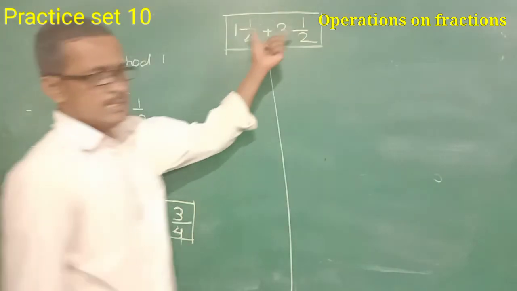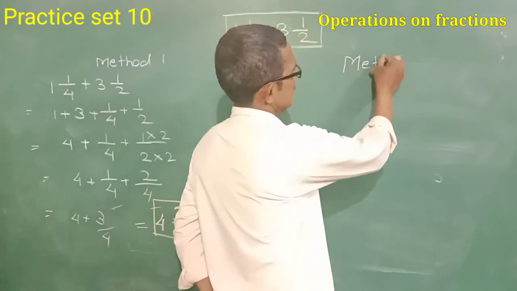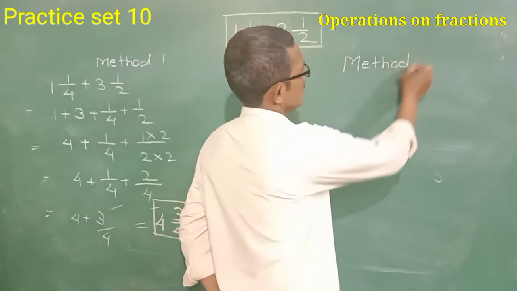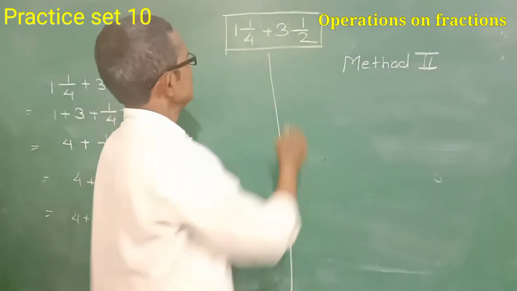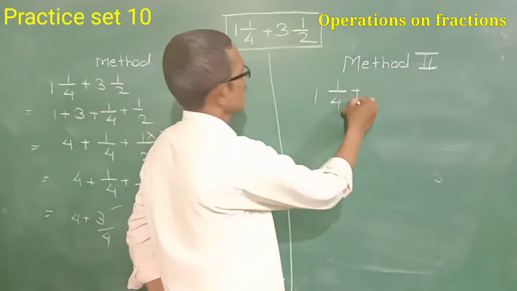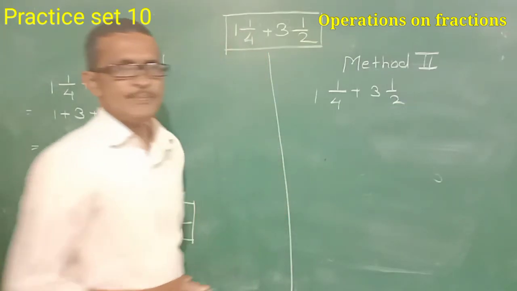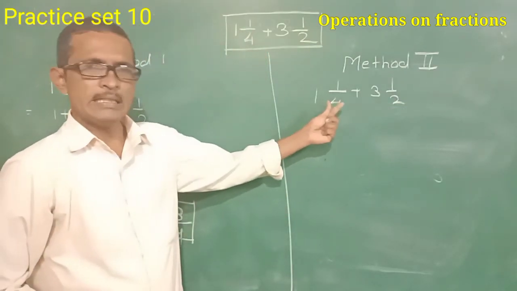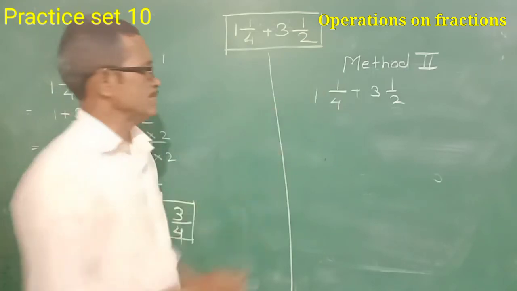By another method, that is the second method, we'll solve this example, that is 1 1 upon 4 plus 3 1 upon 2. In this method, we multiply the denominator by the whole number and add the numerator.